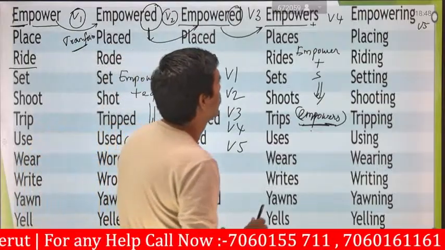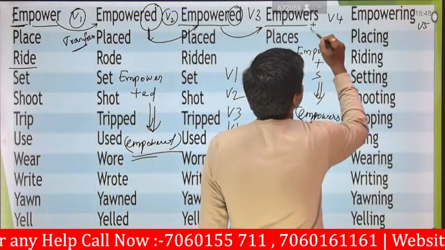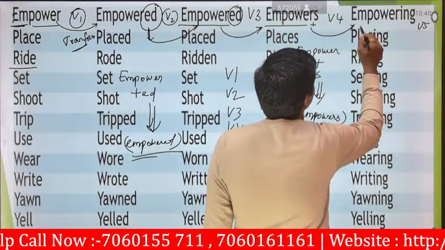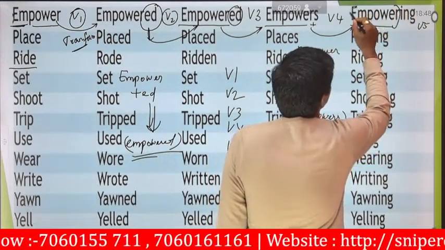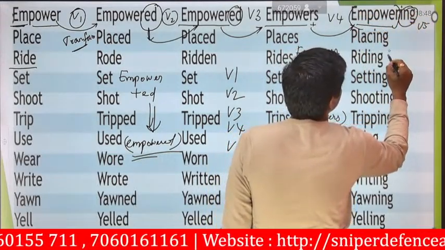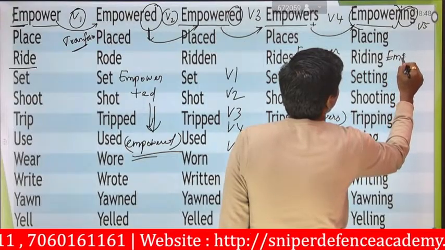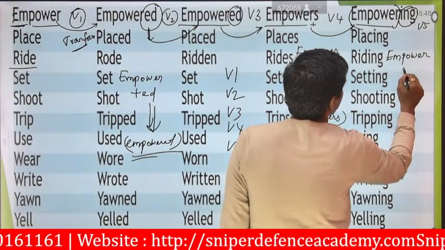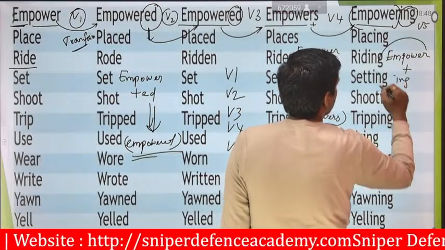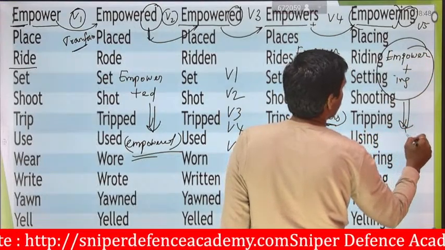And next, V4 is transferred to V5 in terms of empower plus ing. E-M-P-O-W-E-R plus ing gives empowering.